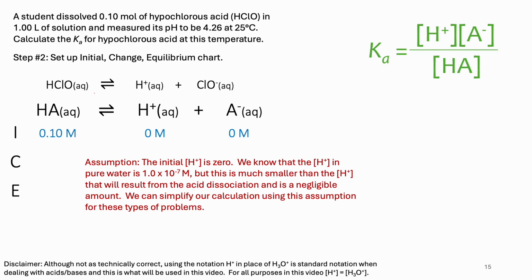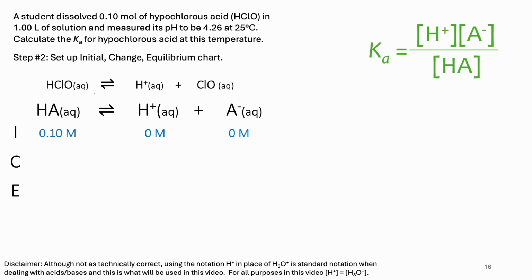And so to simplify these types of problems, we are going to assume that this is a negligible amount, and we are going to fill in our initial hydrogen ion concentration as being equal to 0 molar.